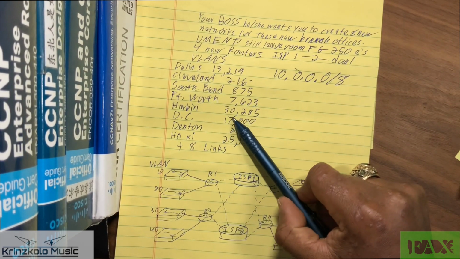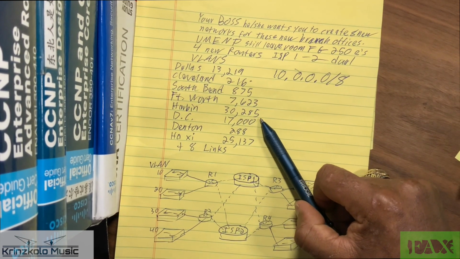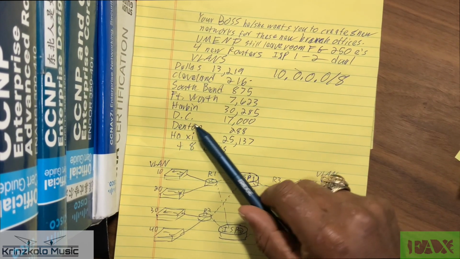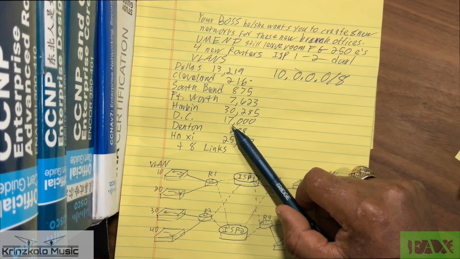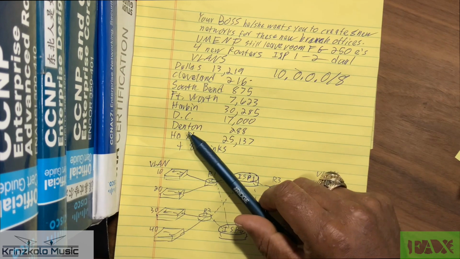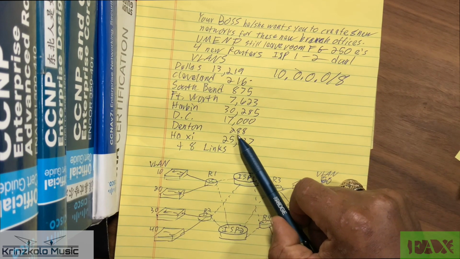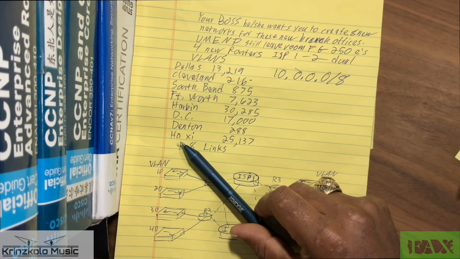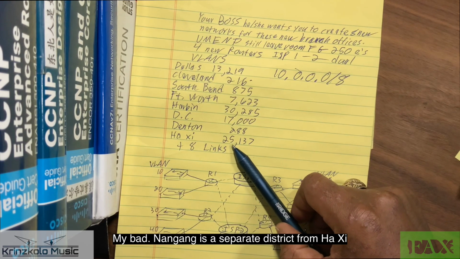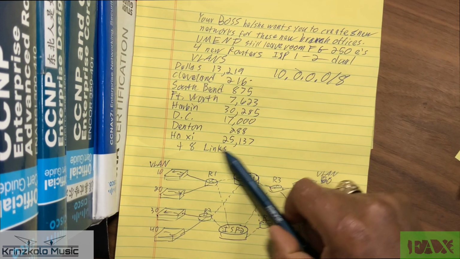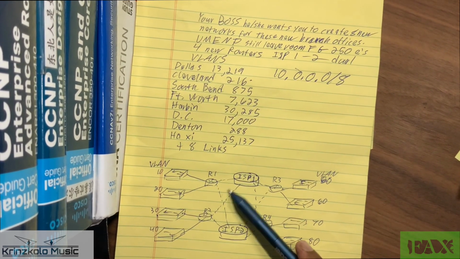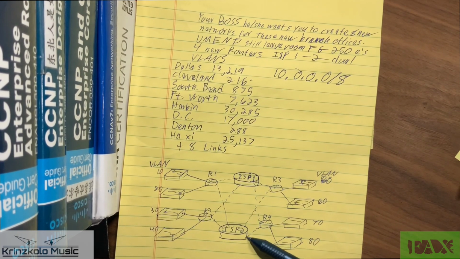Harbin, China with 30,285 hosts. Washington, D.C., 17,000 hosts. Denton, Texas, 288 hosts. Nangang, China, 25,137 hosts. Plus those 8 links, dual links going to each ISP.